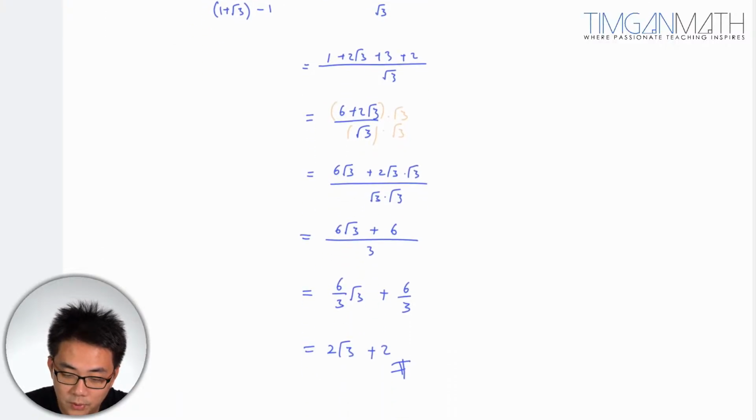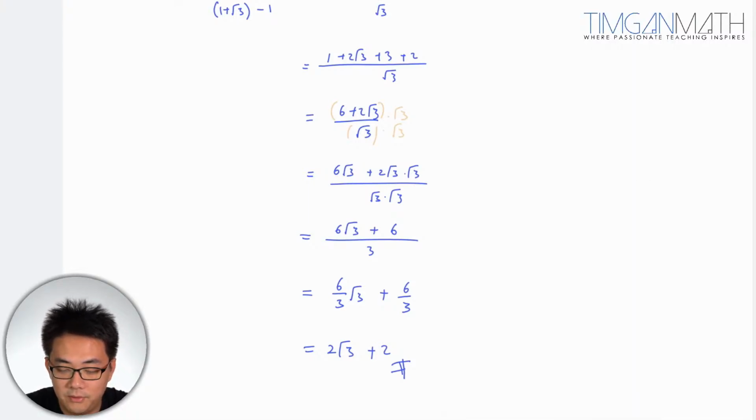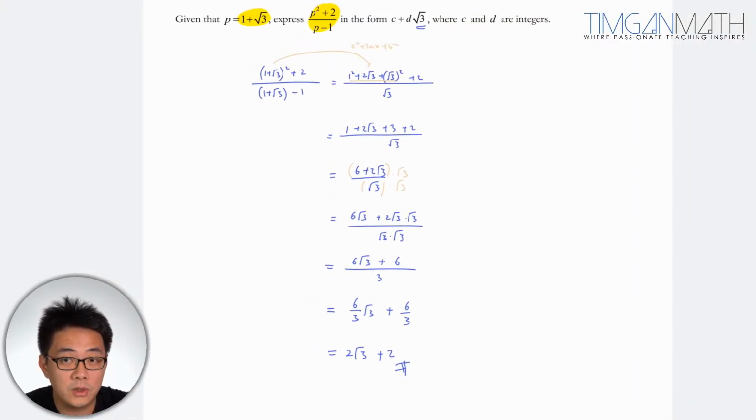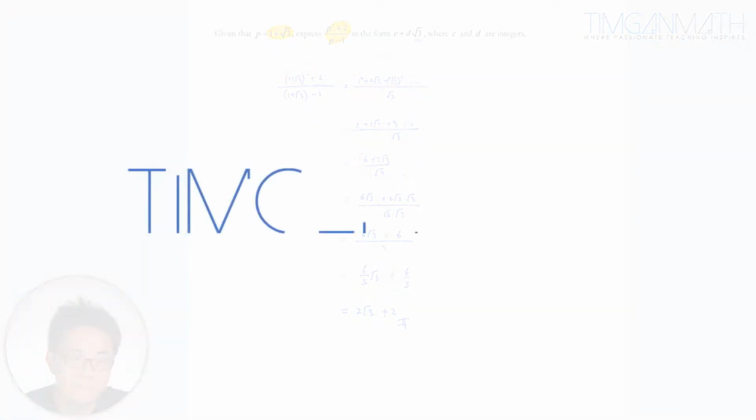Then I put in 2 root 3 plus 2. Please check, because if you see it's the same number here, it means I have simplified it correctly. So there's no need to refer to the answer at the back. You could just check it during the exam. So this is how you do this question proficiently. Any questions, please let us know, and I'll see you in the next question.